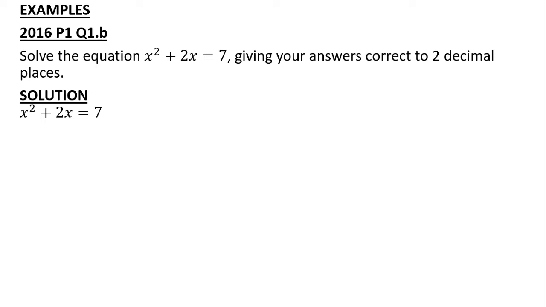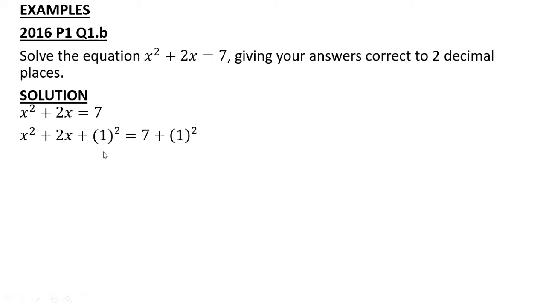So what we are going to do is to just get half of this b, which is 2, and then square it. After squaring it, we are going to introduce it on both sides. Half of 2 is 1, 1 squared is 1. So we are going to say x squared plus 2x plus 1 squared equal to 7 plus 1 squared.